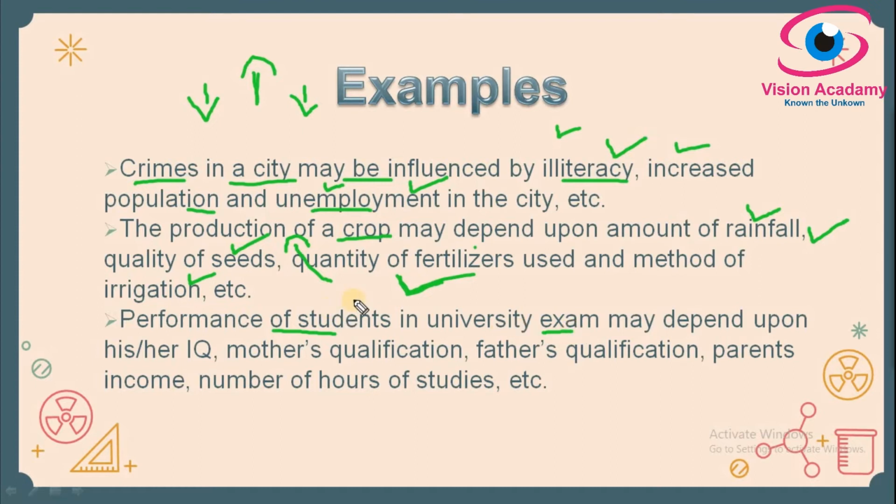Here performance of the student is the dependent variable, which may depend upon his or her IQ, mother's qualification, father's qualification, parents' income, number of hours of study, etc. So performance of students is the dependent variable, and that performance is going to be affected by the many things we quoted here, which are the independent variables.